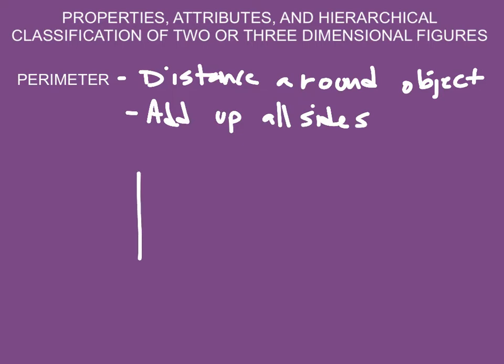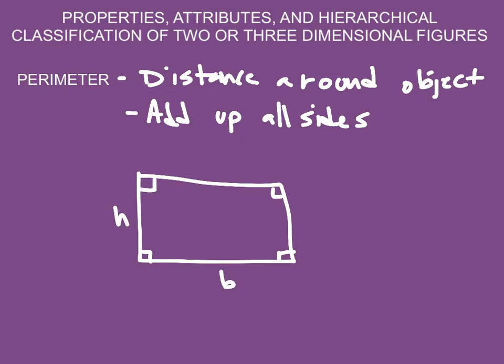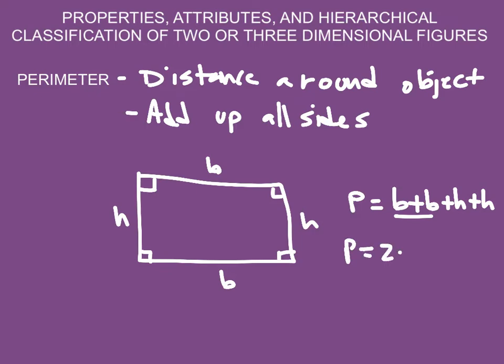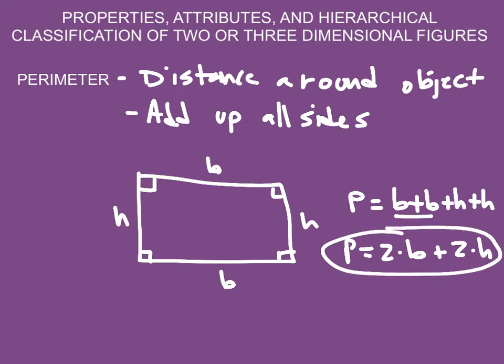So like if you had a rectangle here like we had before, with these as 90-degree angles, and this is the height, and this is your base, you'd want to write, instead of saying your perimeter is equal to base plus height, because this would be your height, and this would also be your base. Because you have 2 of these and you're adding them together, you can use the formula 2 times b plus 2 times h. And that's what you would use.